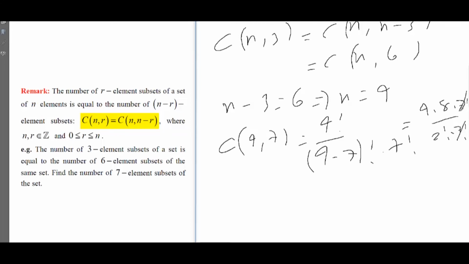The 7 factorials cancel. 2 factorial is 2, and if we simplify it with 8, it will be 9 times 4, which is 36. So how many 7 element subsets are there? There are 36 7 element subsets for this set with 9 elements.